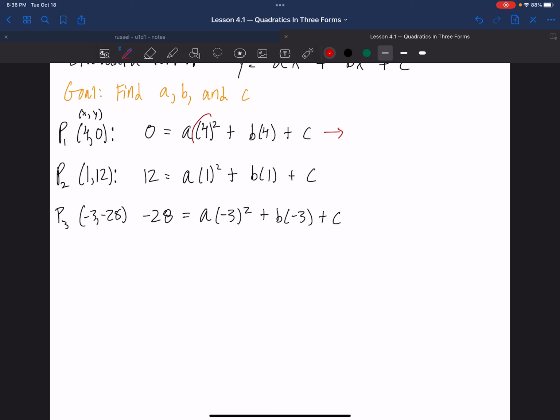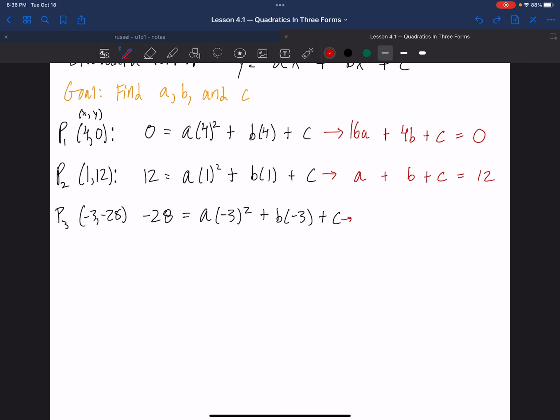4 squared is 16. So this is 16a plus 4b plus c equals 0. And the next one is 1a plus 1b plus c equals 12. And the next one is negative 3 squared. What's that?